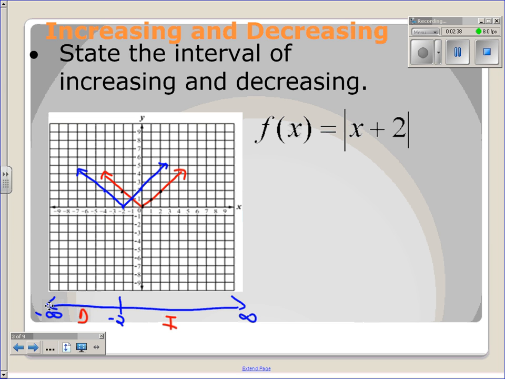Let's put these together. Negative infinity, negative 2. Negative 2, infinity. So where are we increasing? Between negative 2 and infinity. And where are we decreasing? Between negative infinity and negative 2.